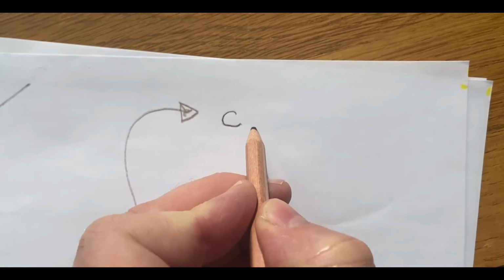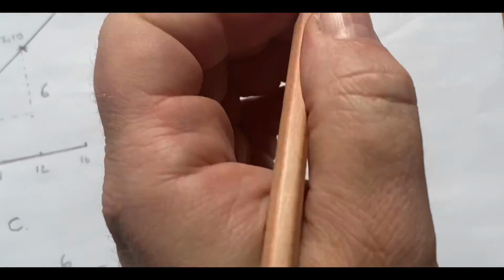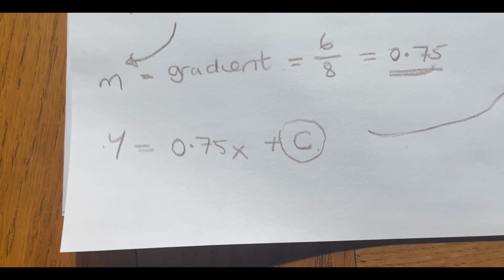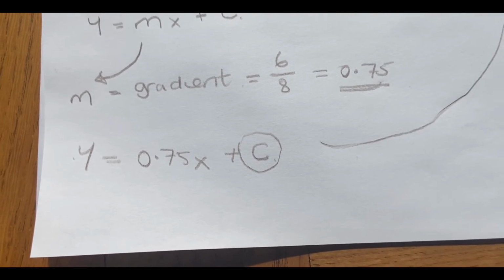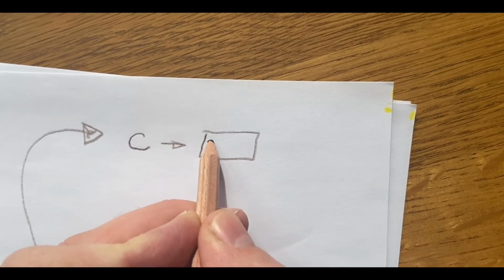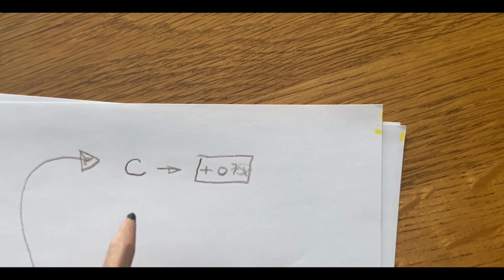The first stage in c is the fact that we are adding it to 0.75x. So in our flowchart, we identify the addition of 0.75x.